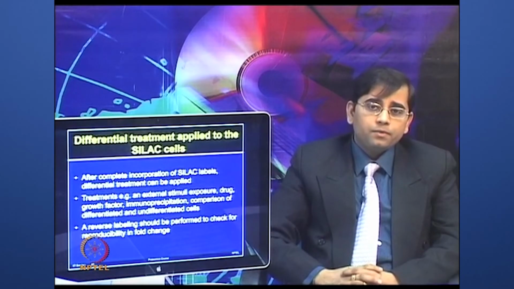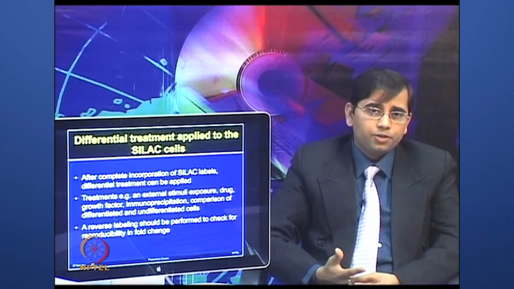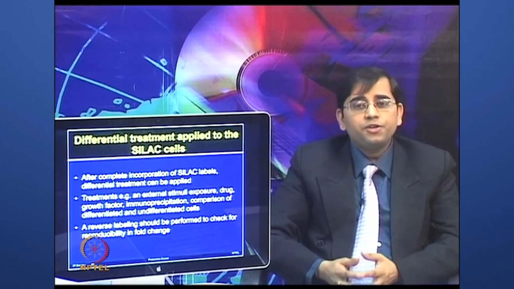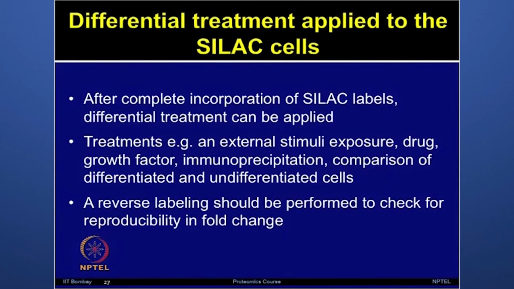So, once the SILAC labels are incorporated in the cells in the cell culture, then differential treatment can be applied. These treatments could be the external stimuli exposure, drug treatment, growth factors, immunoprecipitation, the comparison of differentiated and undifferentiated cells, or it could be some other treatment.